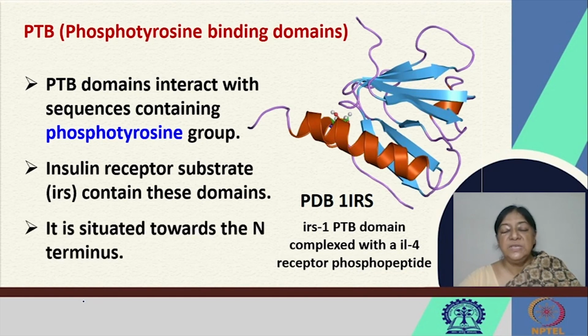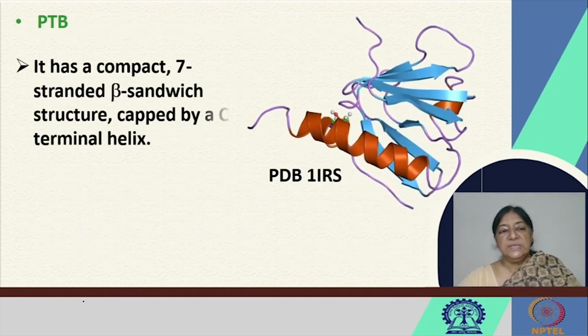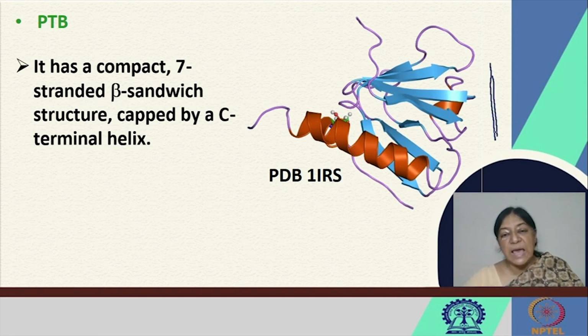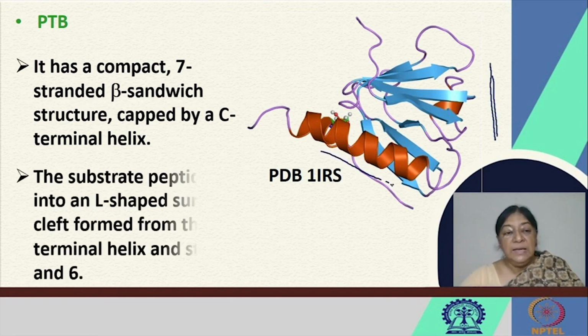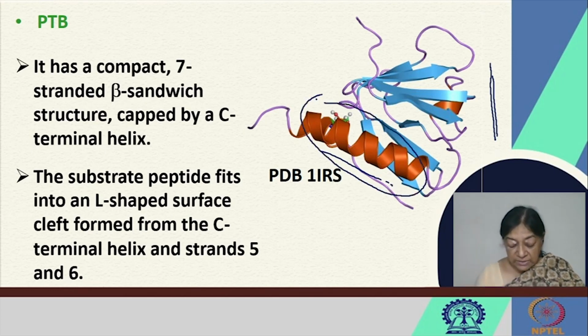This is situated towards the N terminus. The PTB, as we can see, has a compact 7-stranded beta sandwich structure that is capped by a C-terminal helix. And the substrate peptides fit into the L-shaped surface cleft that is formed by this C-terminal helix and the strands 5 and 6.